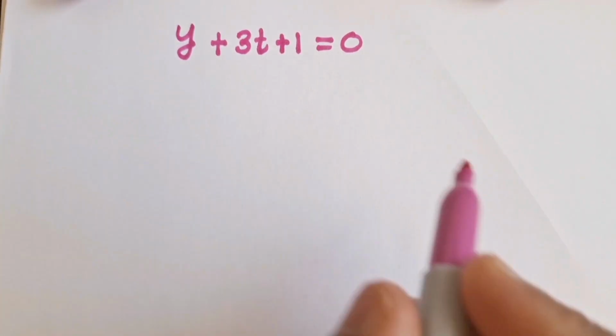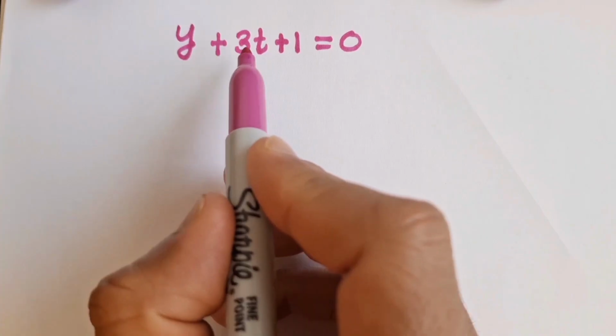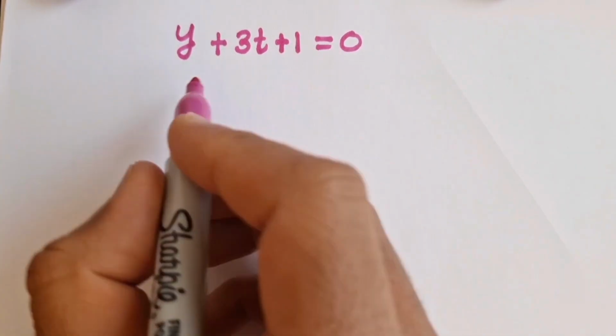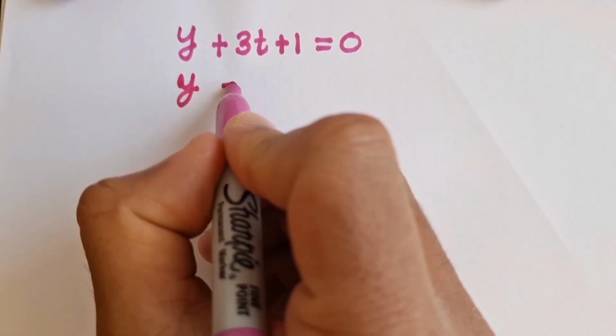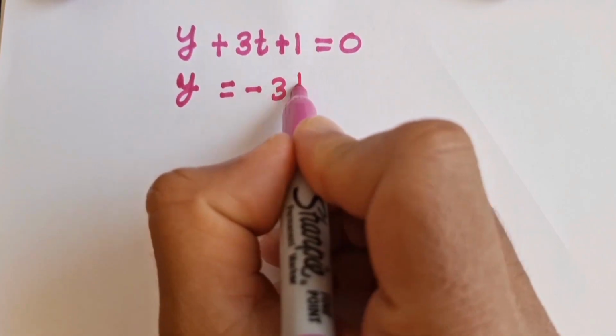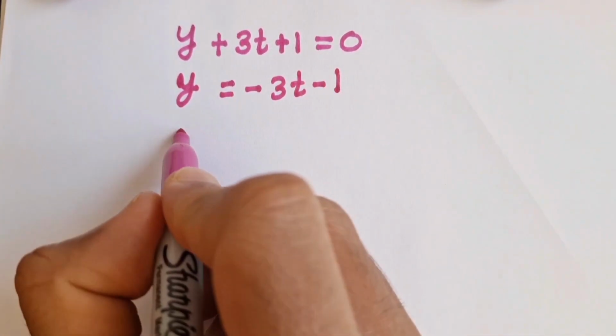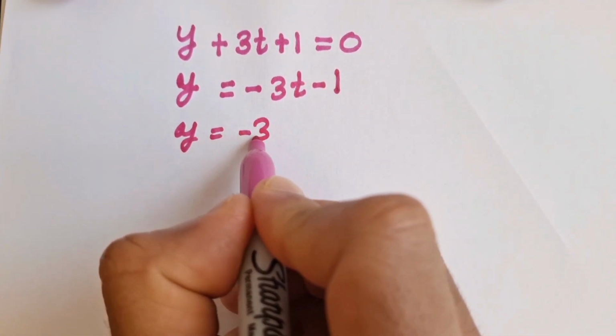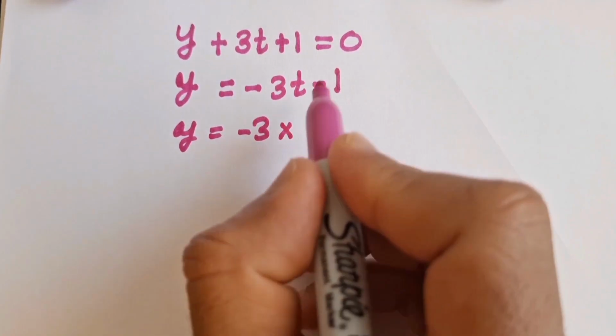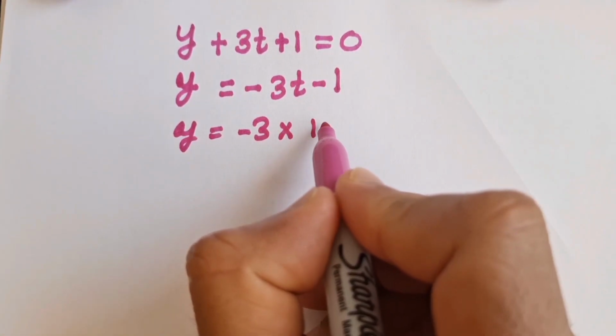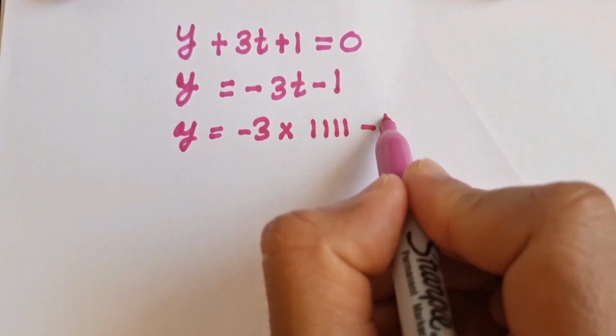Now our second case is y plus 3 times t plus 1 is equal to 0. Then we have y is equal to minus 3 times t minus 1. Again t is equal to 1111. That is our substitution.